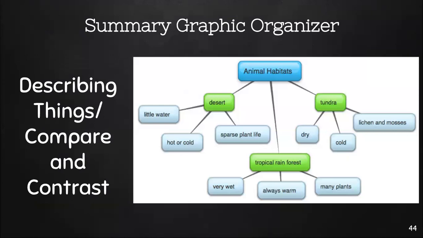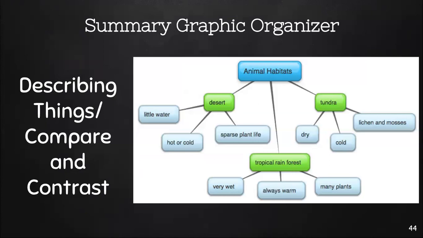Another example, describing things or comparing and contrasting. We could think about different animals' habitats, and this would be a second grade one with desert, tundra, and tropical rainforests. So how are these different areas? You could describe them, first of all, a prerequisite skill.